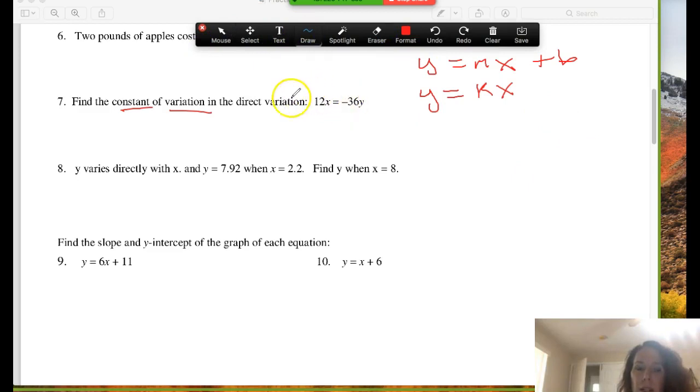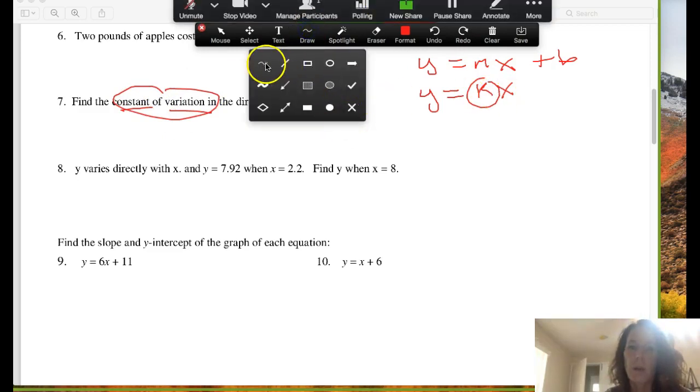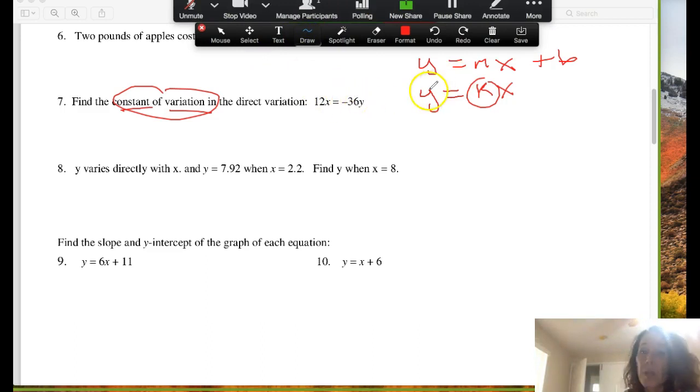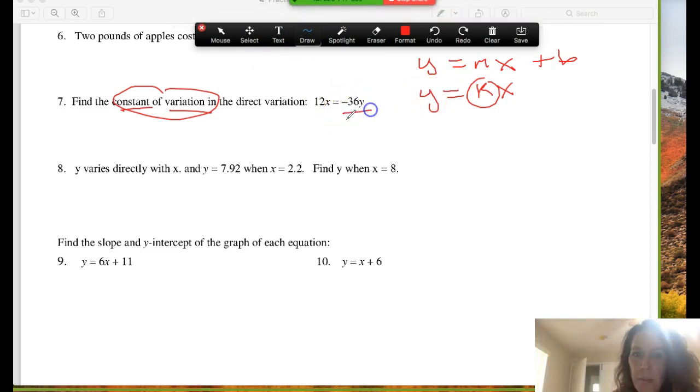What I have here is, what is my constant of variation? So I need to put it in this form. I'm just going to go ahead and get y by itself here. So to get y by itself, I'm going to divide both sides by negative 36. Okay, and I'm going to get y equals, when I divide 12 by 36, 12 goes into 36 3 times.